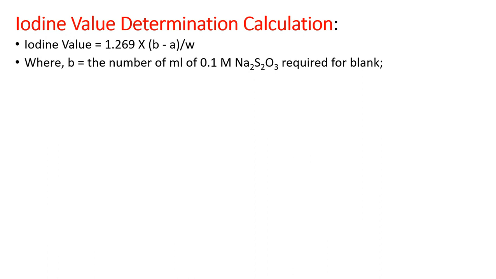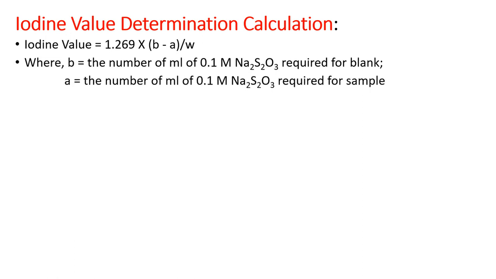Yes, we need to carry out a blank titration as well, wherein we won't be adding oil into the flask. Only 10 ml chloroform and 20 ml iodine monochloride kept in dark for 30 minutes, then added with potassium iodide and water, and then this flask will be titrated with sodium thiosulfate. This will require a certain ml of sodium thiosulfate solution.